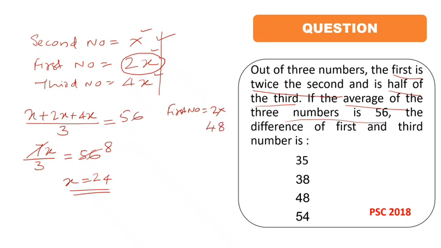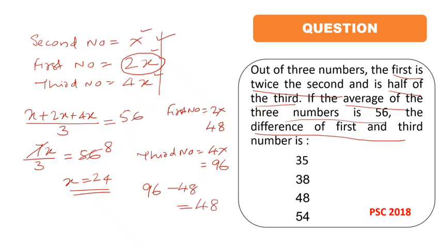And the third number will be equal to 4x. 4x means 4 times 24, that is equal to 96. And we need to find the difference of the first and third. So the difference is 96 minus 48, which is equal to 48. Accordingly, you can mark the correct option as 48.